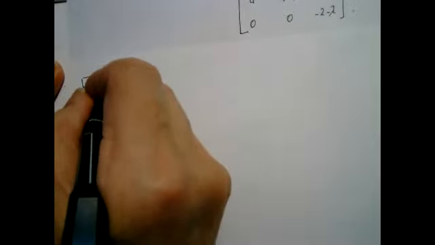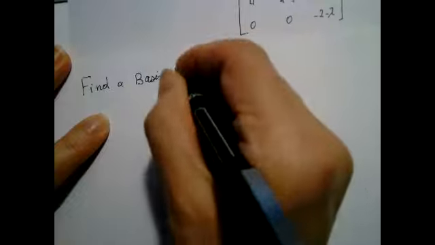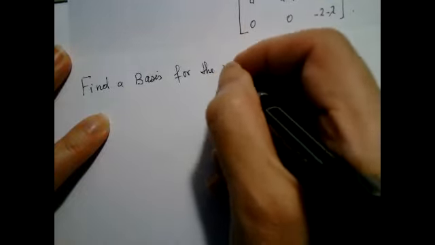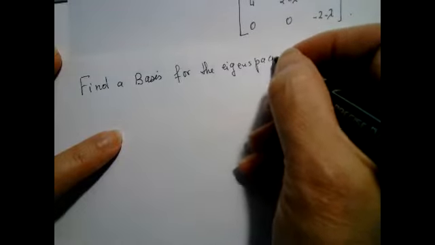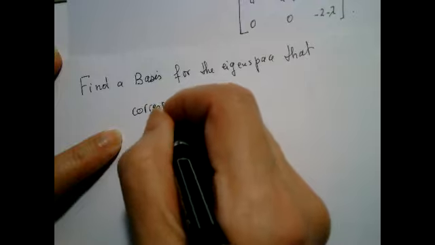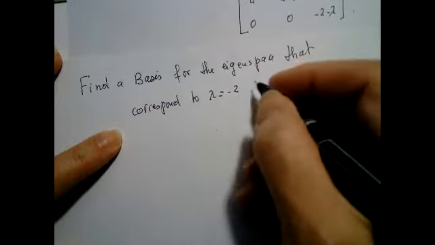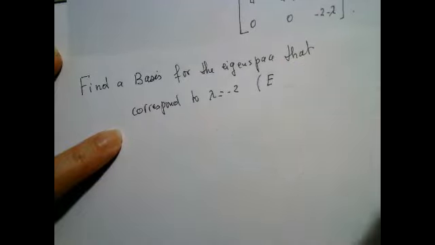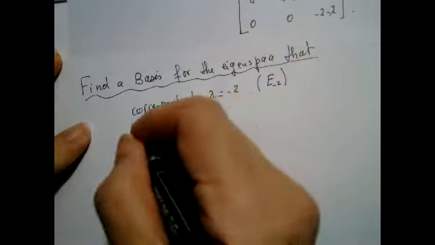So question number 1 is, find a basis for the eigenspace that corresponds to, I'll pick one of them, lambda equal to minus 2. In other words, for the eigenspace, the notation is E minus 2. So that's my question.